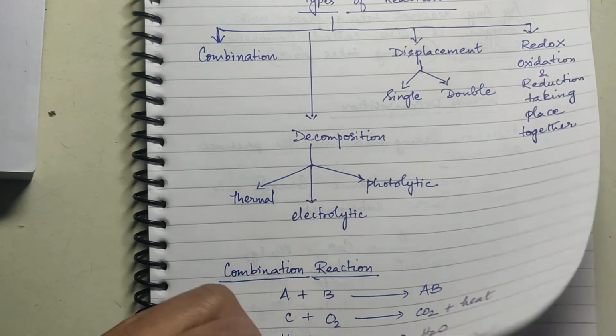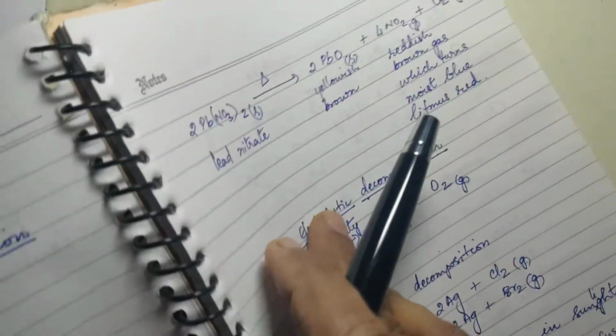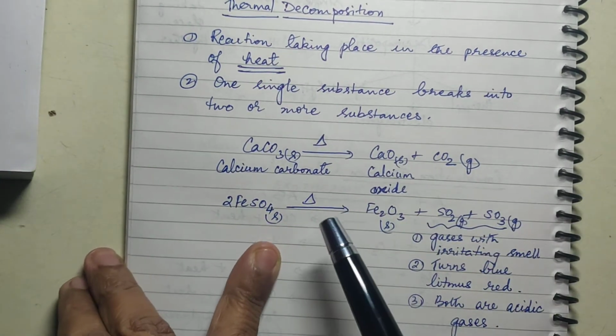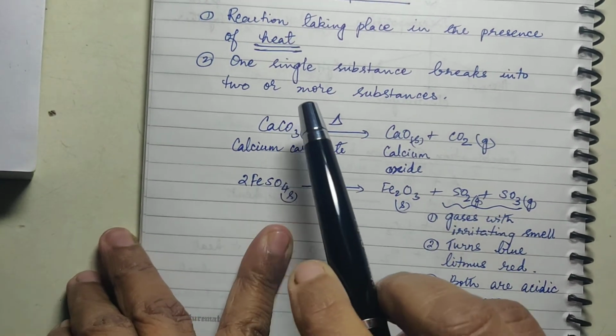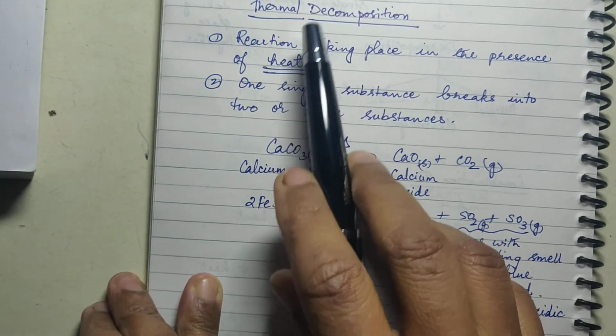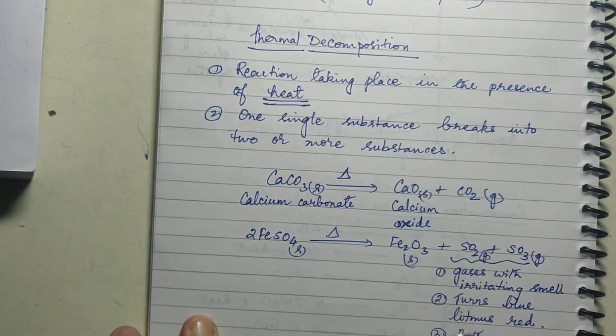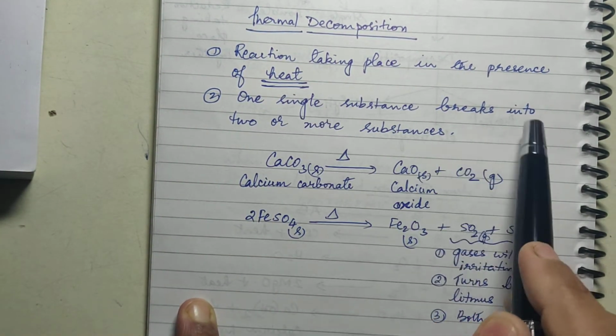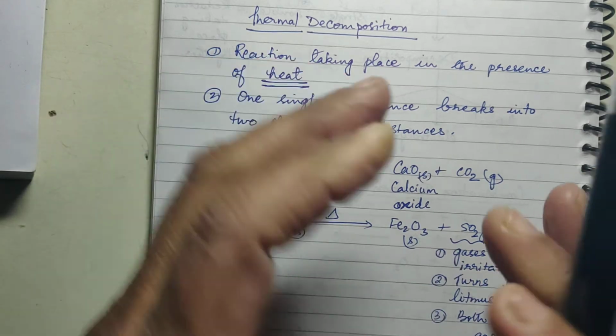Now let us see a few examples of decomposition reaction. A reaction taking place in the presence of heat is called thermal decomposition, okay. Now here one single substance breaks into two or more. Decomposition, it is decomposing.